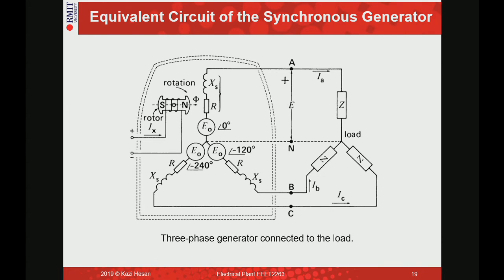Those are conductors or inductors, so that represents the inductance of your machine, XS. That inductance, the inductor in the stator winding, is represented by XS, and this is called the synchronous reactance of your synchronous generator. This XS.